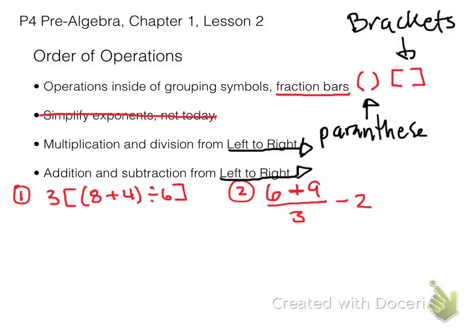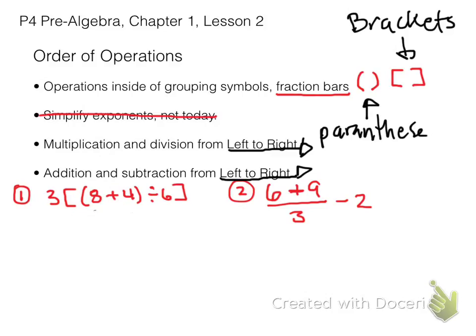Okay, so let's do a quick example problem. We've got two for the order of operations. For the first problem, we have two sets of grouping symbols: brackets and parentheses.